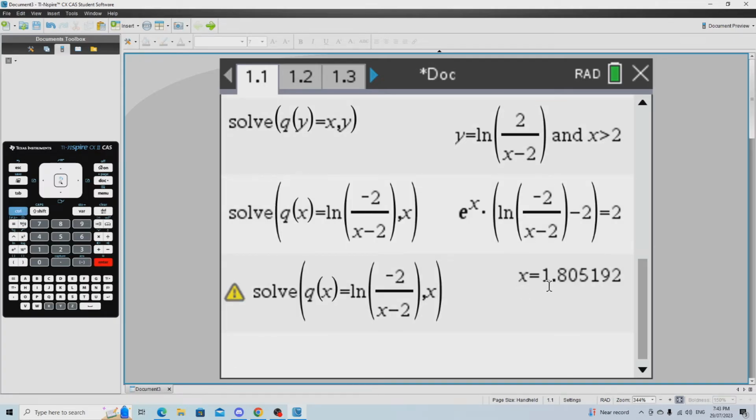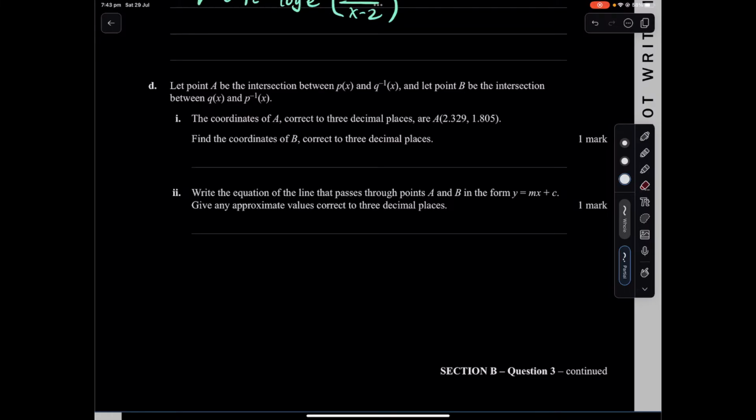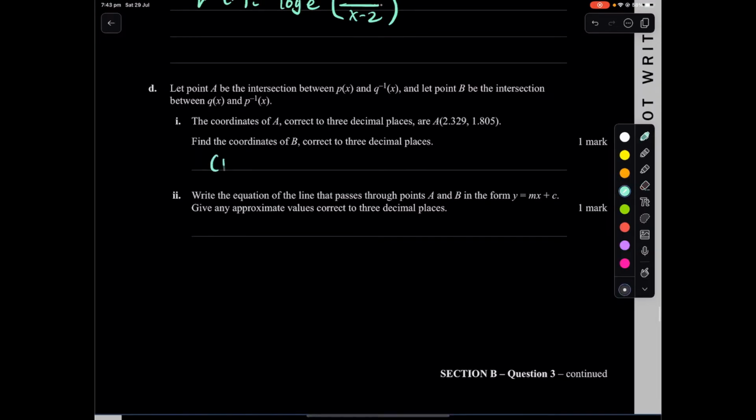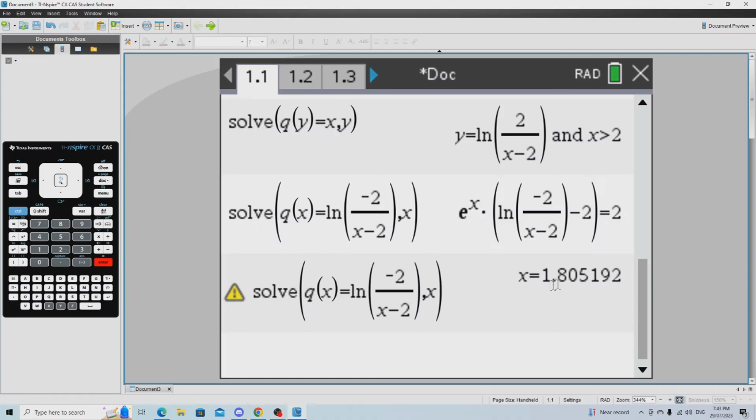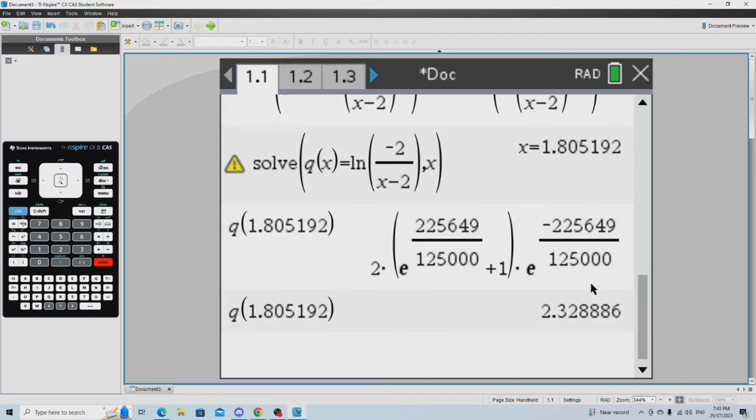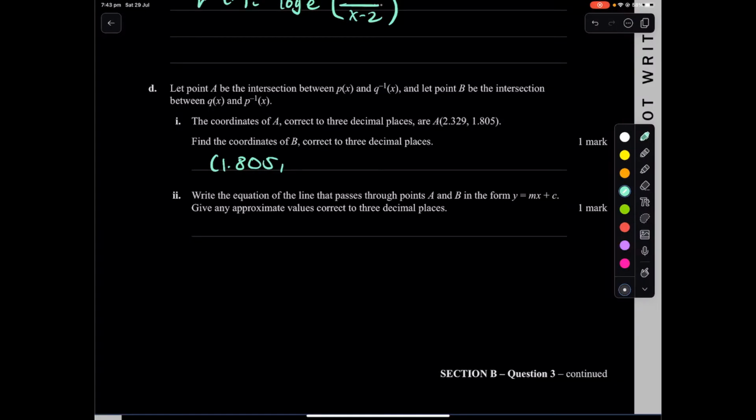It says find the coordinates correct to 3 decimal places. So I'm just going to write this over here: 1.805. And if I say q of this value, we get 2.329, since we only want 3 decimals. So that's the coordinate of B.